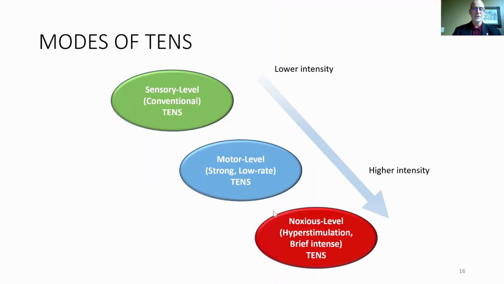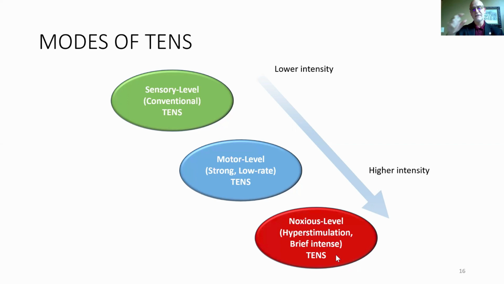So you're probably familiar with TENS. TENS is transcutaneous electrical nerve stimulation, and it's usually used for pain. And so we usually think about it on an intensity level, from lower intensity to higher intensity. The higher the intensity, the sooner you have enough charge to depolarize that nerve.